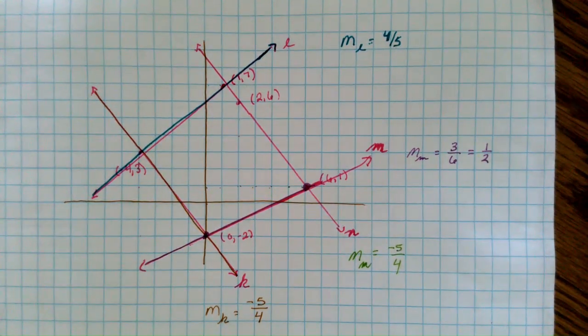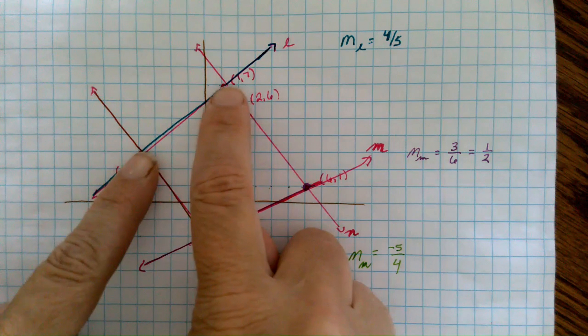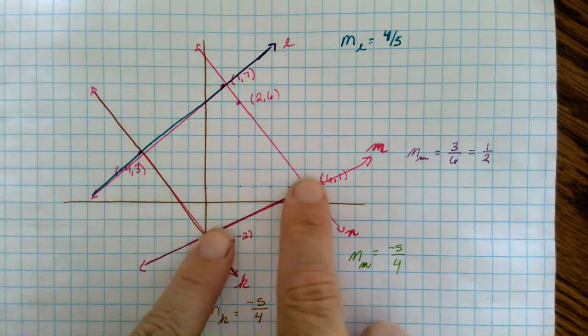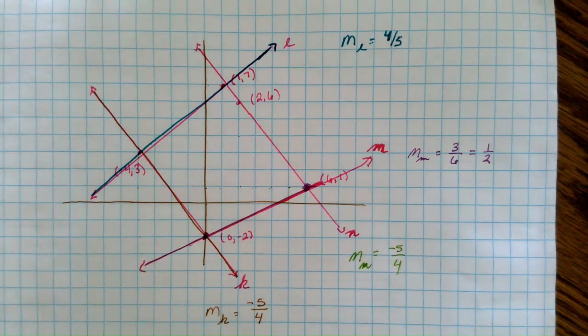Okay, so think about it this way. Line M and line K, they both went down 5 over 4. So they would repeat again. Are they ever going to get closer together? No, they're not.